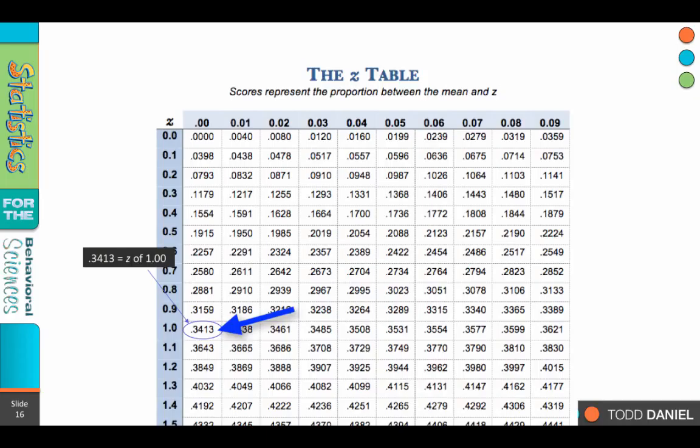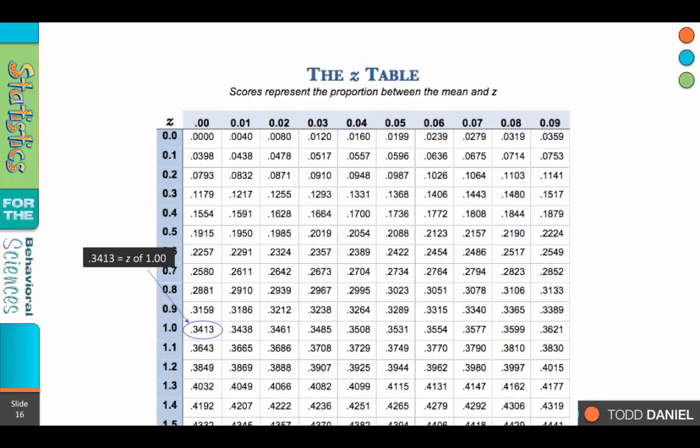It's 0.3413, or 34.13% of scores. And because the bell curve is symmetrical, the same on both sides, 0.3413 of the scores are both from the mean to one standard deviation above the mean, or from the mean to one standard deviation below the mean.